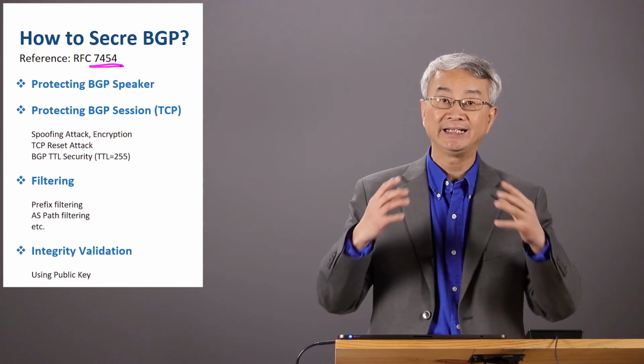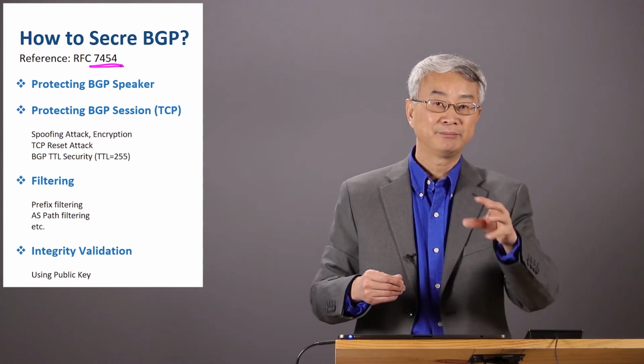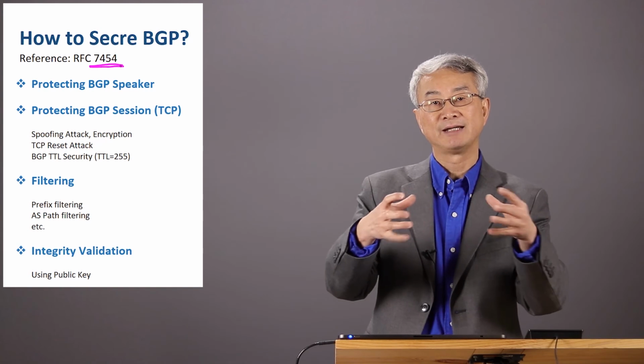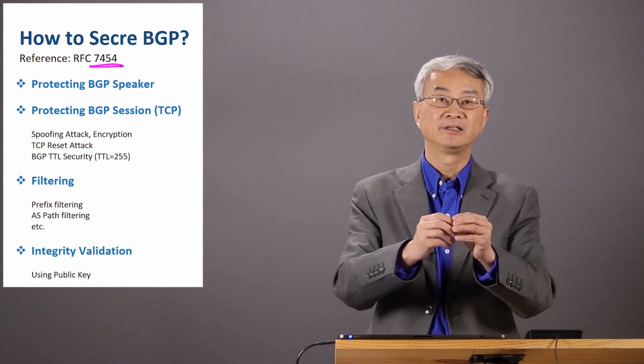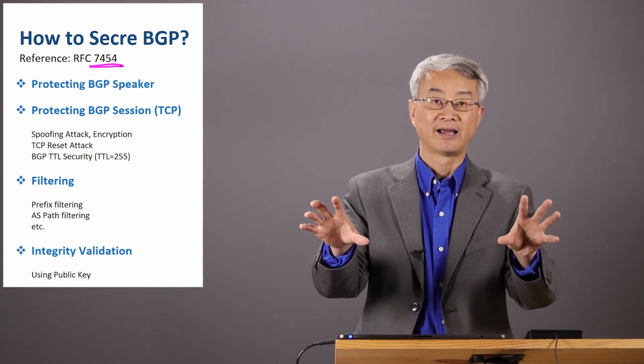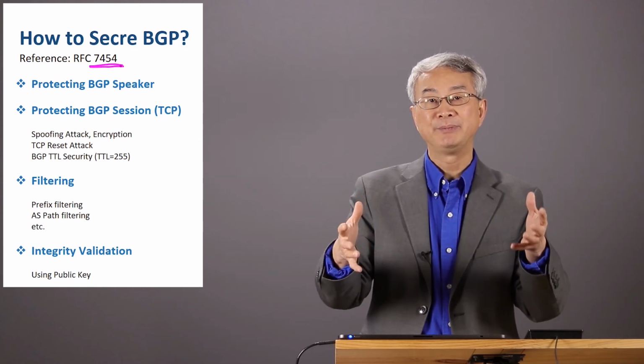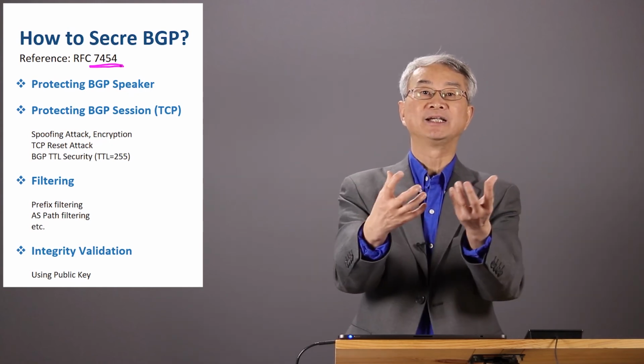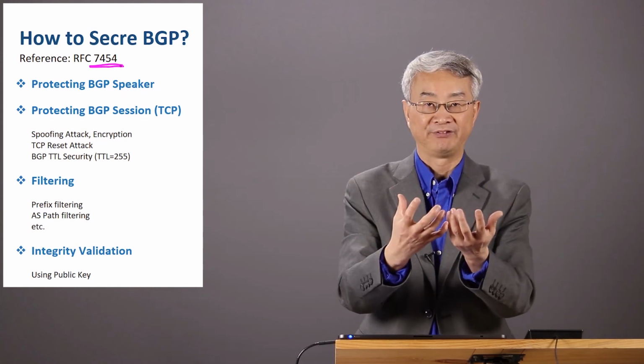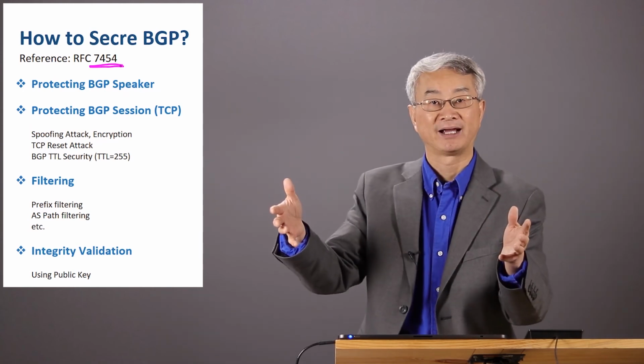BGP is quite complicated. Remember, we talked about how the same IP prefix can be fragmented. Also, to reduce the size of the table, many BGP speakers aggregate network prefixes together if they have the same AS path.